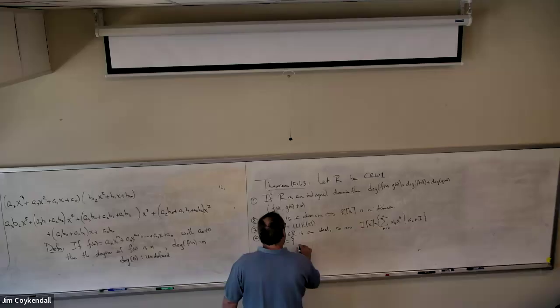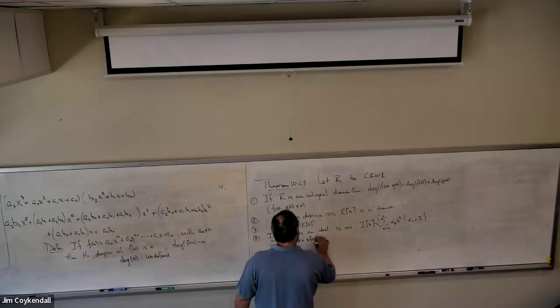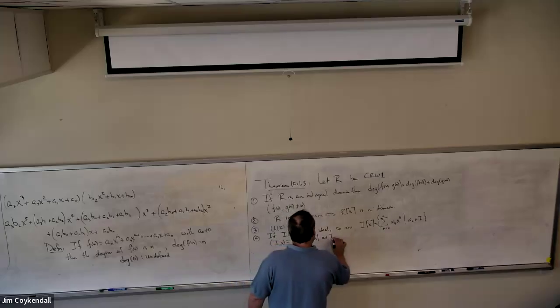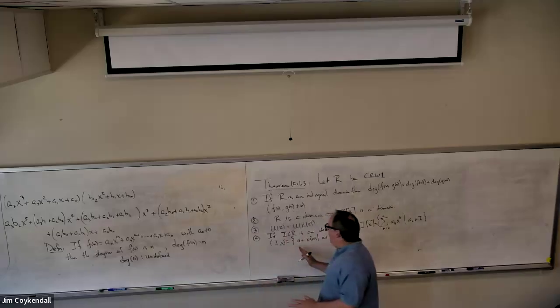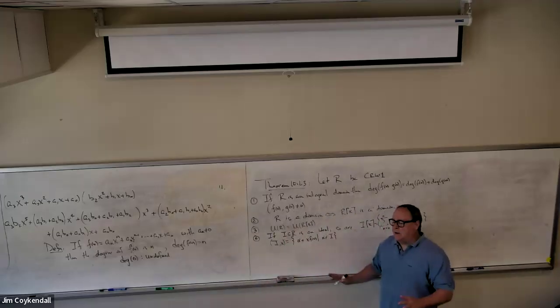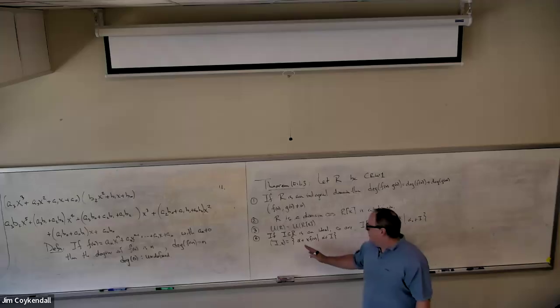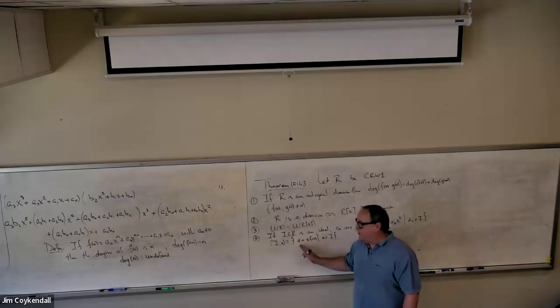Basically, this is the set of things that look like alpha plus x f of x, where alpha is in I. So what the elements of (I, x) look like, there's only one restriction: the constant term is in I. That's it. You have complete freedom after that.